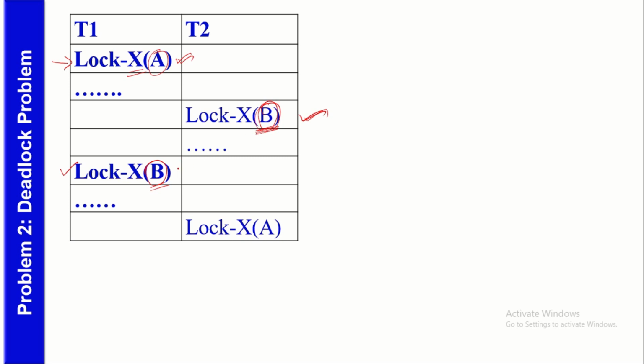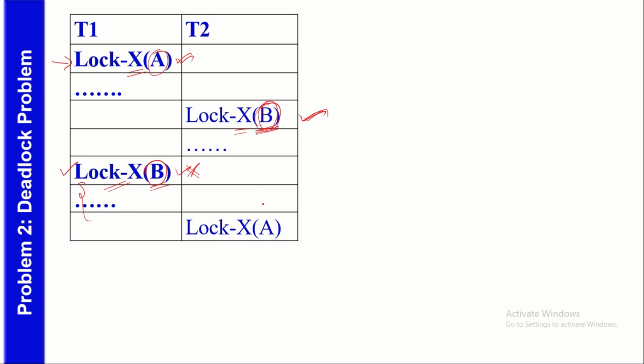That's why this lock will not be granted. So it has to wait to perform its operation, until the lock is granted. It will be waiting for the release of this lock by T2 on data item B.